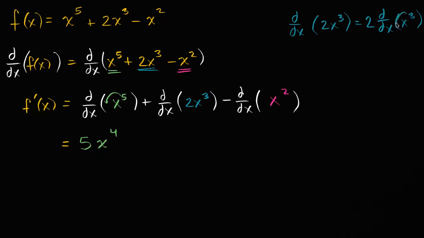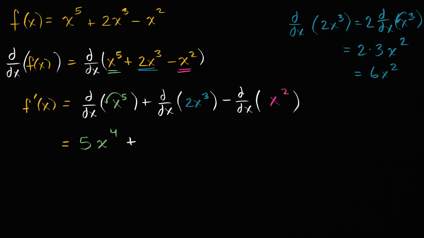Well, we would bring the 3 out front and decrement the exponent. And so this would be equal to 2 times the 3 times x to the 3 minus 1 power, which is, of course, the second power. So this would give us 6x squared. So another way that you could have done it, I could just write a 6x squared here.